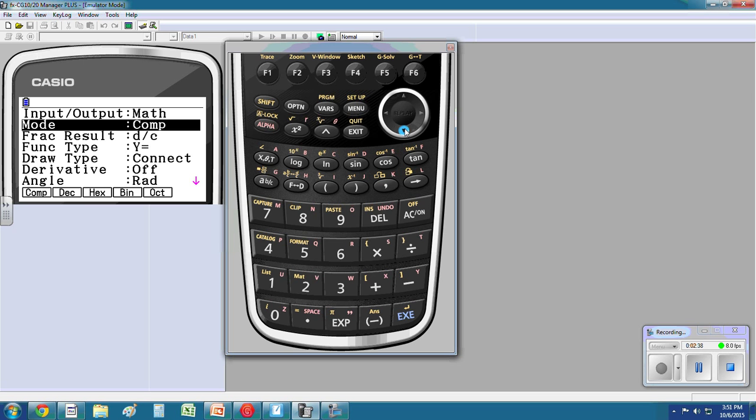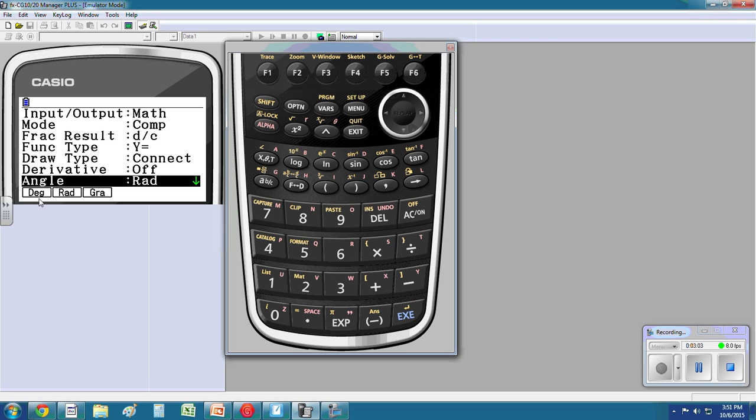And since we're in geometry, we measure our angles in degrees. Remember that. Angles are measured in degrees. Notice we have some functions here: deg, rad, and gra. Degree, radian, gradient. We need to change it to degree.